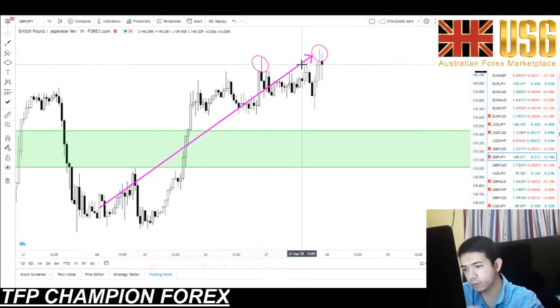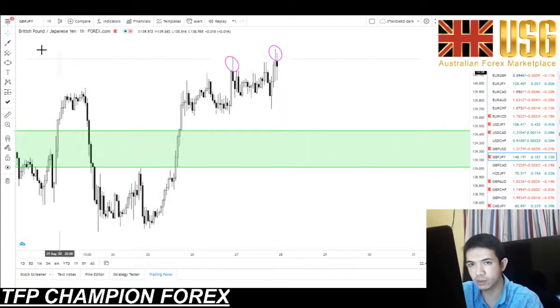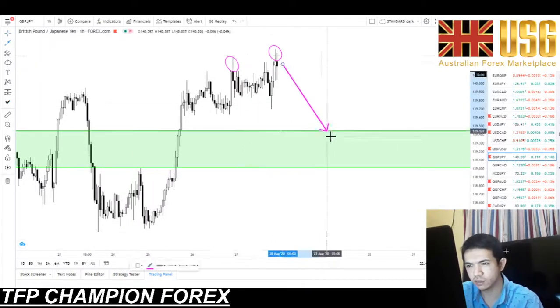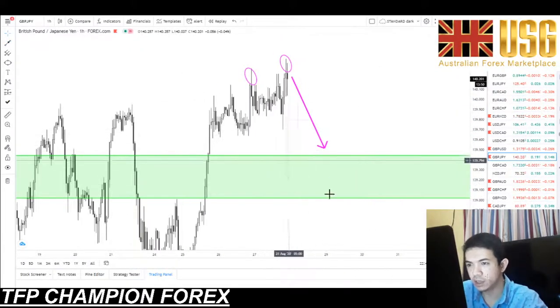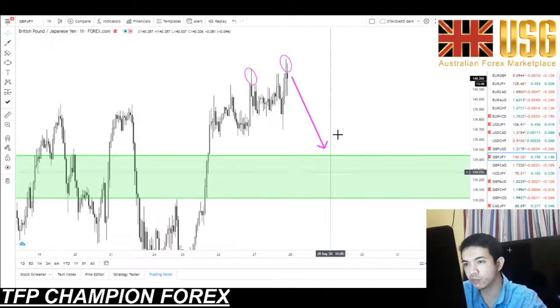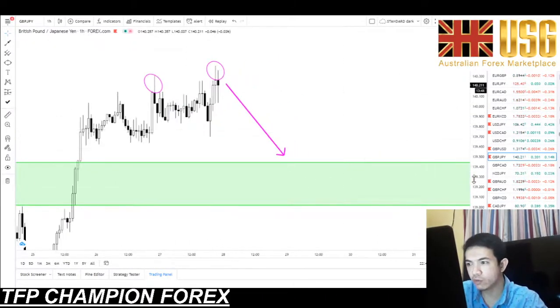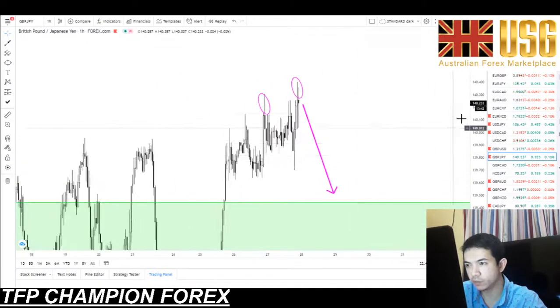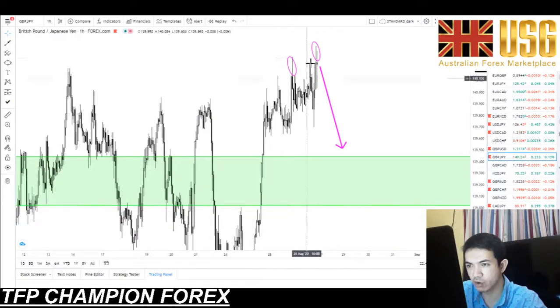So again, going back to this example, if I'm going to take the trade and look for a buy opportunity, I want the price to react to this level before I look for entry. Again, I want to see and observe the price action over here before I take a trade. If I would go for a sell position, we all know that the price would correct itself after this strong impulse going up.